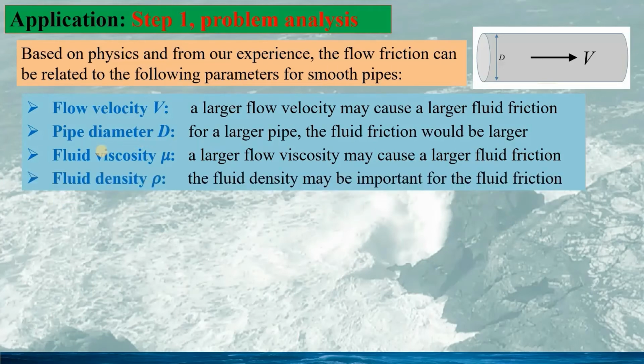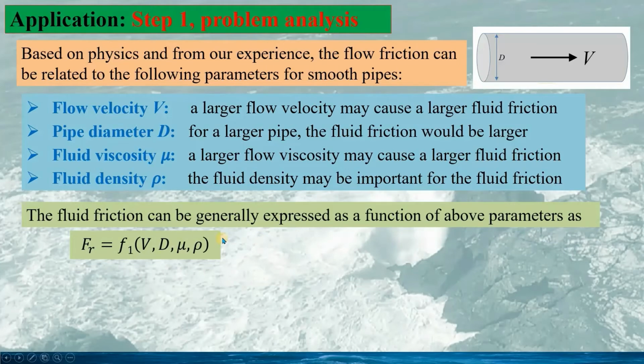Fluid density might also be very important for the fluid friction, and we will see how important it is based on the analysis. Hence, the fluid friction can be expressed as a function of the environment parameters: the velocity, the diameter of the pipe, the fluid viscosity, and the density.